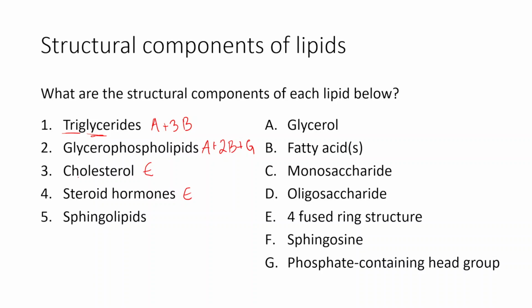All right, so that brings us to number 5, the sphingolipids. Possibly the most fun to say, and maybe the most fun structure if you read to them. So what are sphingolipids made from? What else are they made from? Yes, exactly.